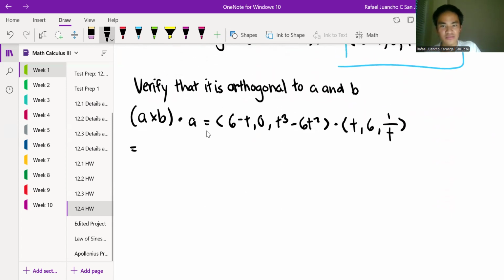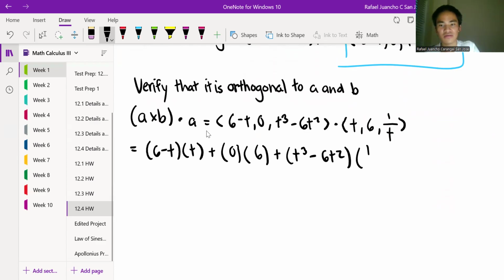And now we can do some algebra here. So 6 minus t times t, plus 0 times 6, plus t cubed minus 6t squared times 1 over t. This is going to be 6t minus t squared plus 0 plus, oh, look at that, this minus this.